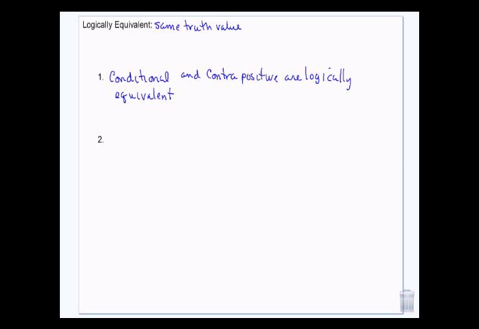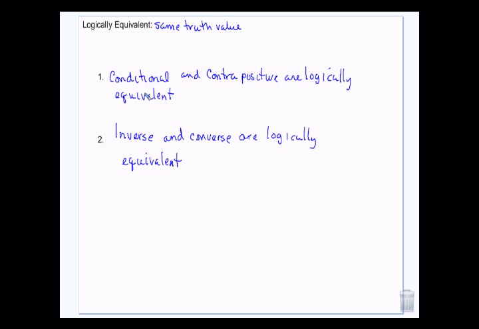So they're logically equivalent. Then your inverse and your converse are logically equivalent. So they'll have the same truth value as each other all the time.